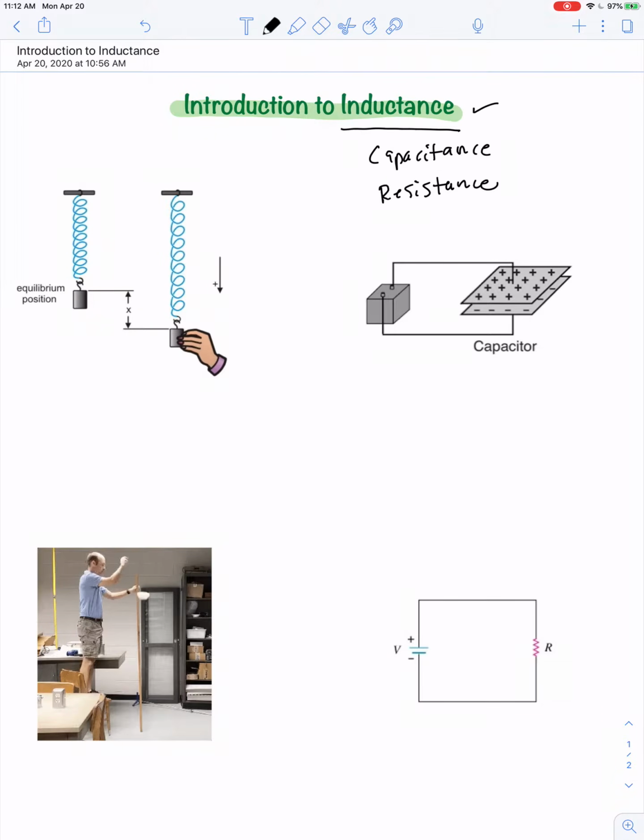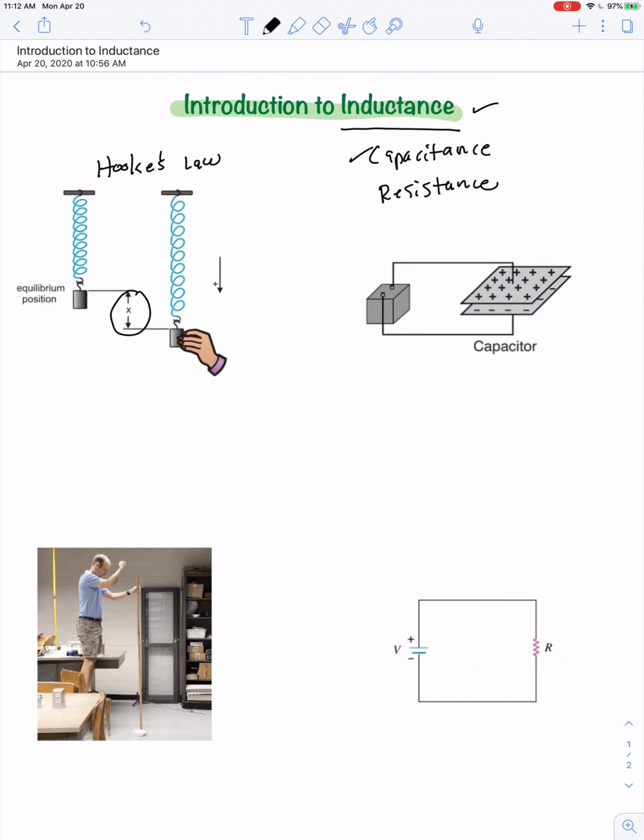Now, inductance is a property that can be explained based on Faraday's law of induction, which we just covered in the previous unit. But let's get into our short review on capacitance. And actually, before I review capacitance, let me review something you probably remember from your study of Newtonian mechanics. A spring is governed by Hooke's law as long as the spring isn't stretched so far that it goes beyond its proportional limit.